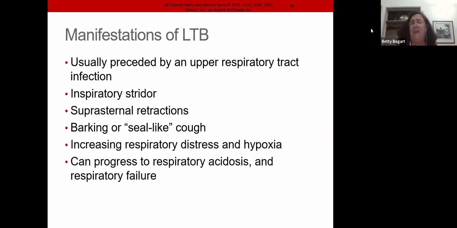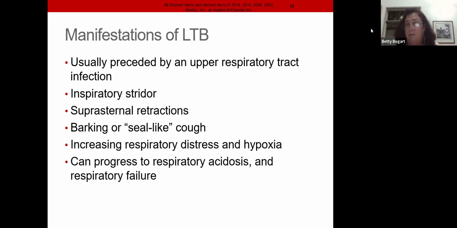Now, when you think of anything on the upper airway, remember, this has to do with the larynx, the epiglottis, and it has to do with swelling that occurs there. So what happens in laryngotracheal bronchitis is the epiglottis starts to get inflamed. Now, what's that epiglottis? That's the leaf-like structure that covers the larynx when you swallow. Now, this epiglottis is swelling and covering your larynx, your trachea.